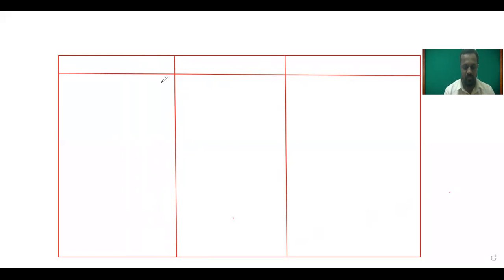Here we will write the roughness value, here the grade, and here the grade symbol.